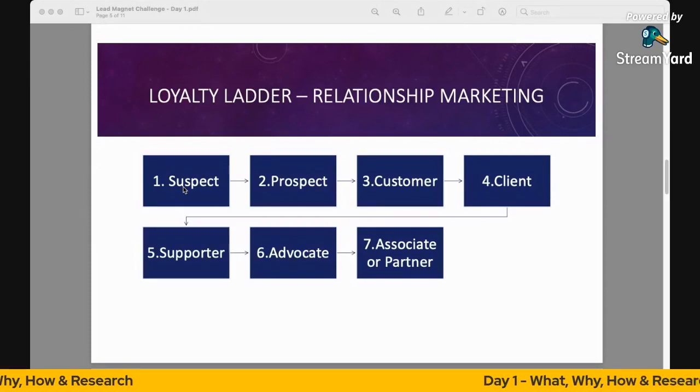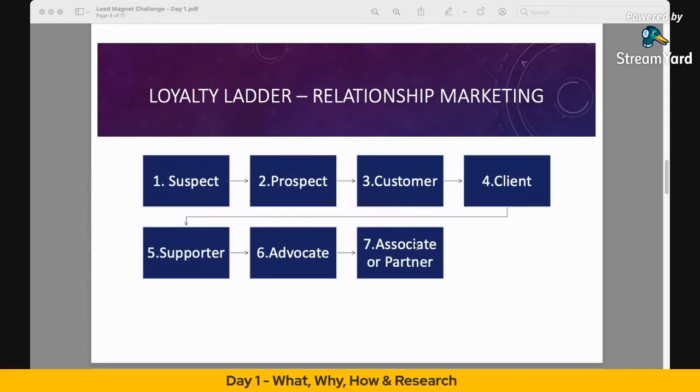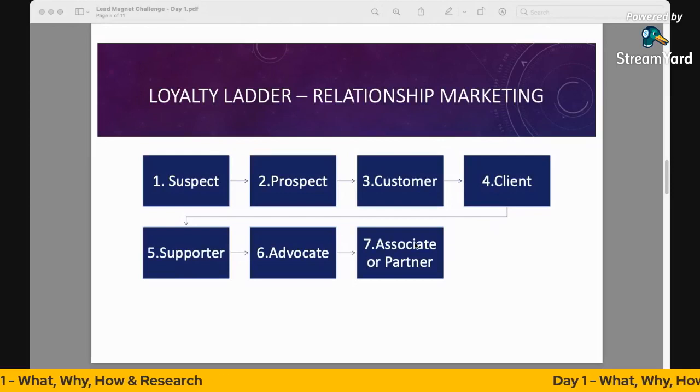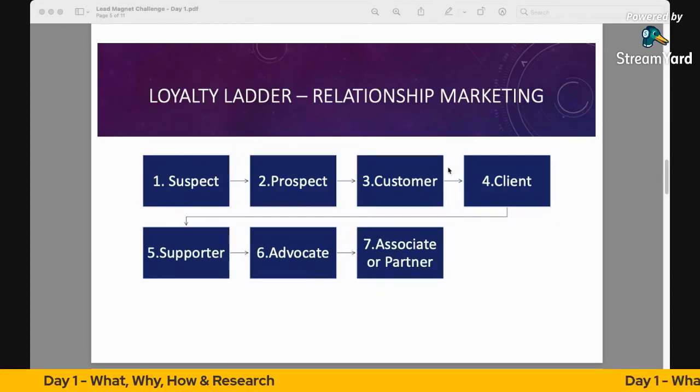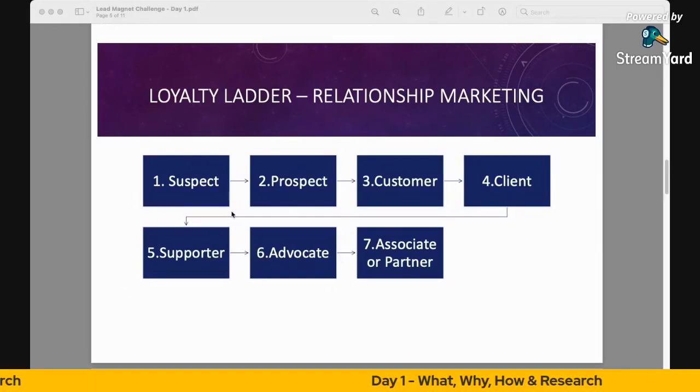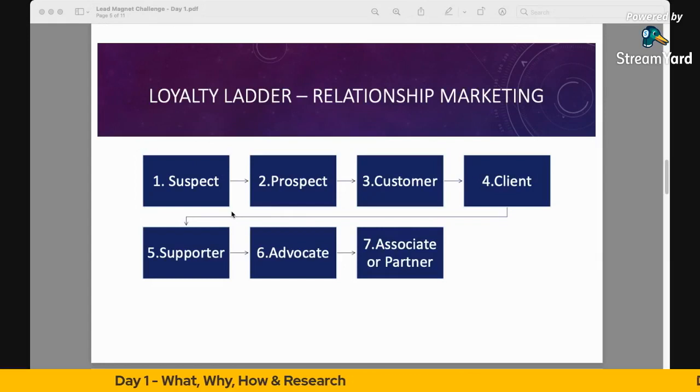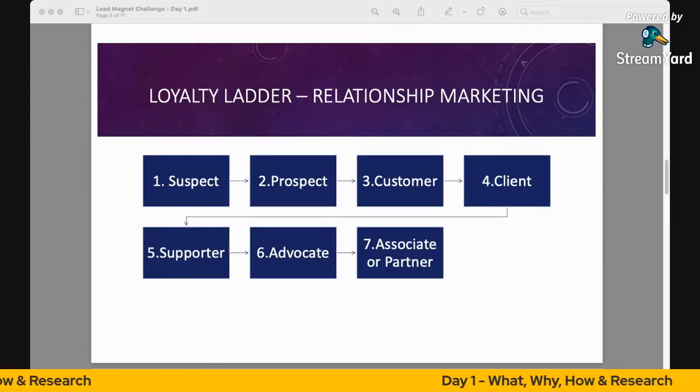So that's how that person goes in the cycle, and then they become an associate partner, where they say, yeah, I sell, I buy from you. This is where the MLM groups are failing. They want to go from suspect to partner straight away. They're not converting any of those. Even if it's not a product, even if it's an idea, moving from one level to another level makes a lot of difference.